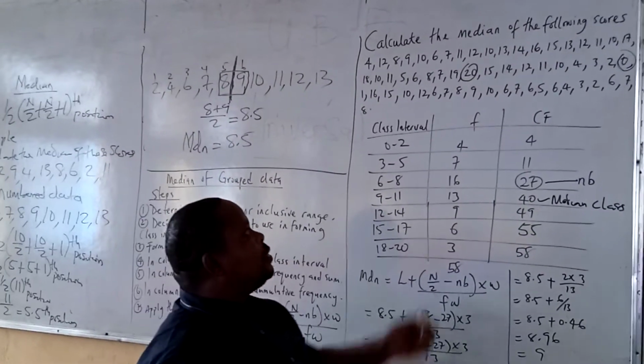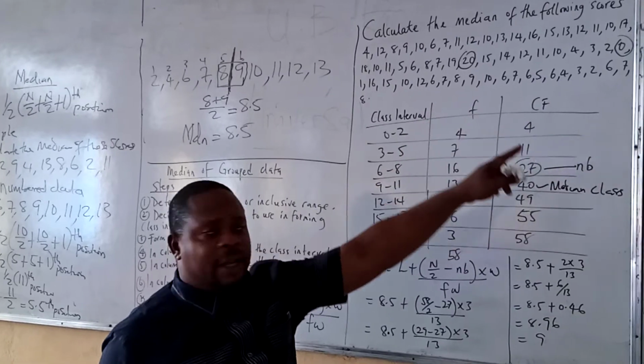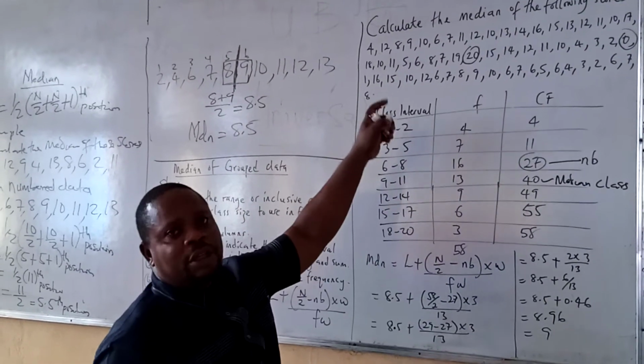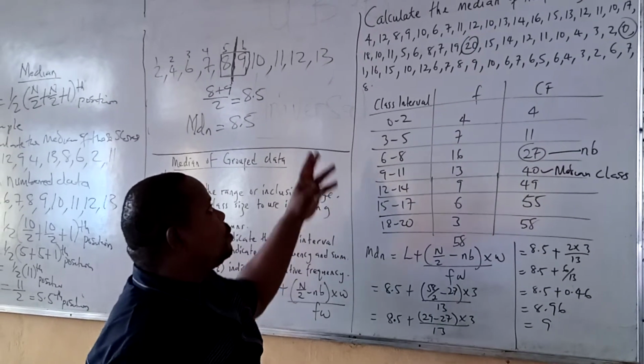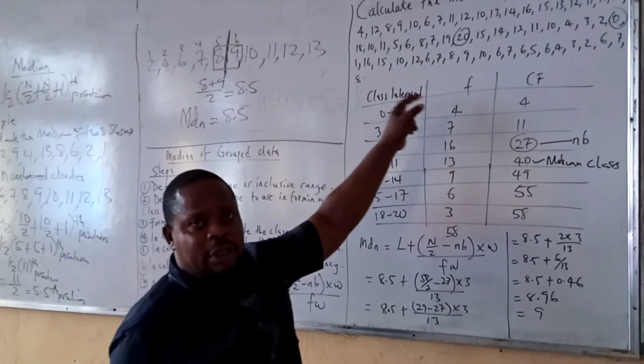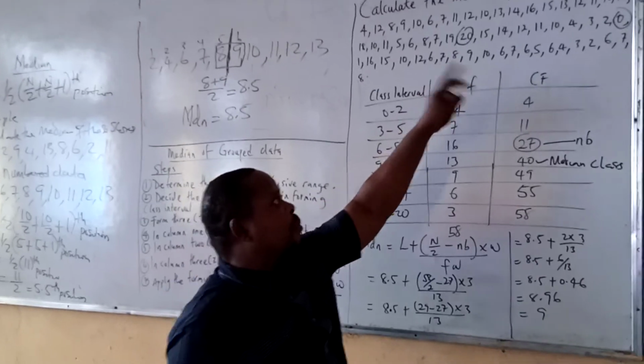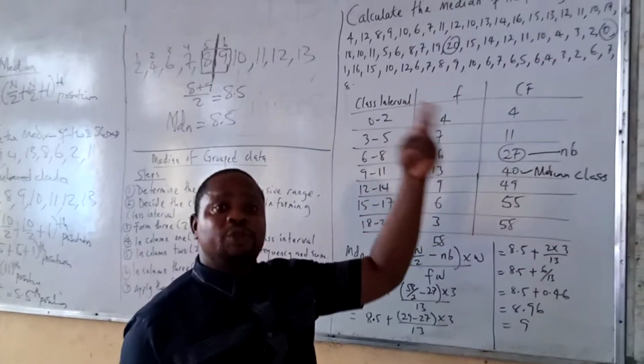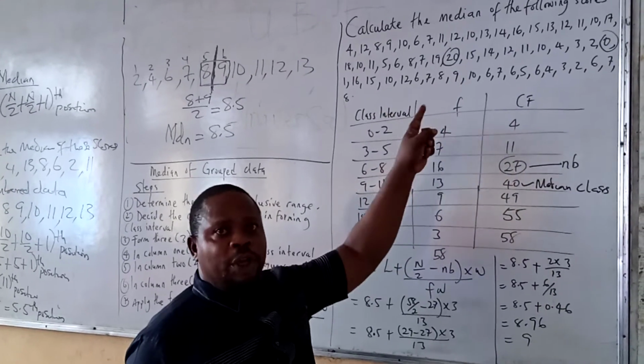And so 20 minus 0 is equal to 20, and so the range is 20. Now, the inclusive range, if you want to determine it, is 20 minus 0 plus 1. 20 minus 0 is 20, plus 1 will give you 21.